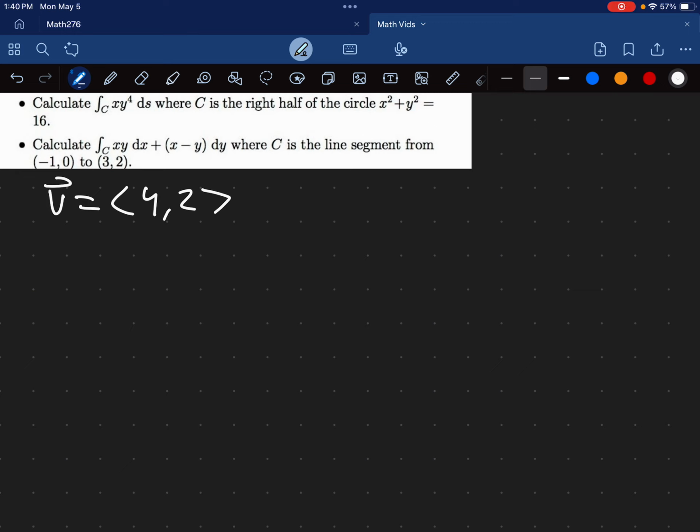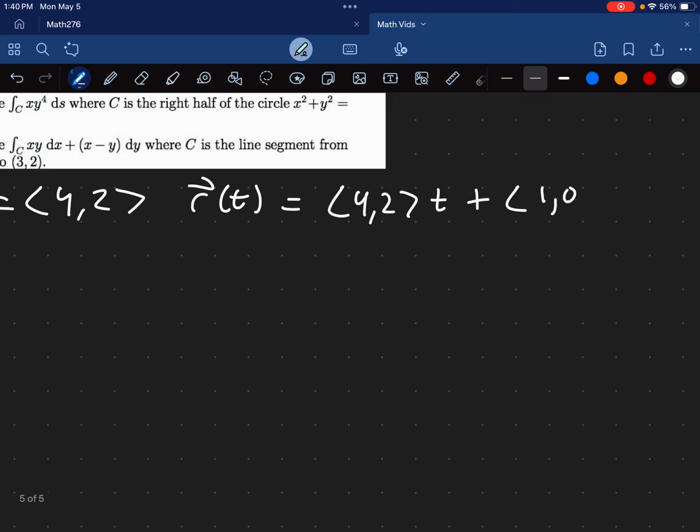And a way we can parameterize this is just one way, this is the way I prefer to do it. So r of t is equal to our vector times t plus, we can pick a point, I'm just going to do -1, 0.